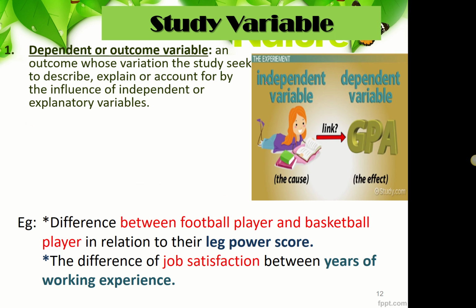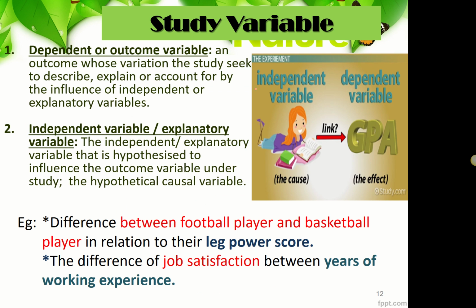There are two types: dependent variable, your outcome, and independent variable, your explanatory variable. So in your study, you must verify your IV and DV. At least there are two: one IV, one DV, one outcome, one independent variable.